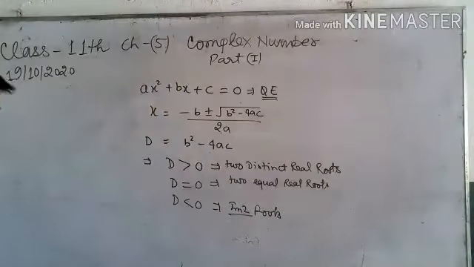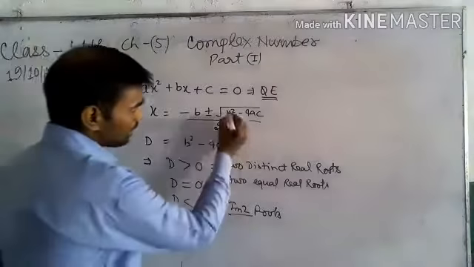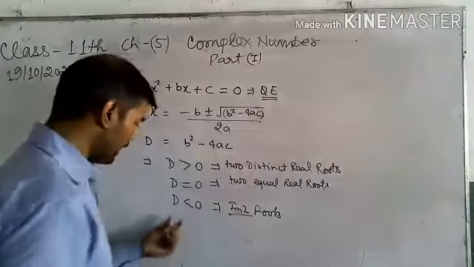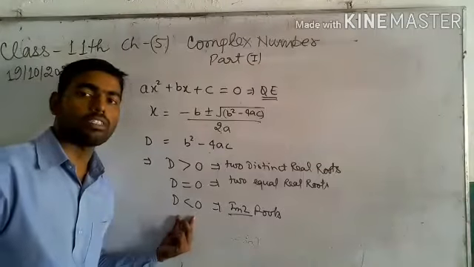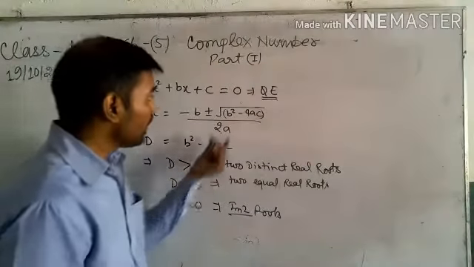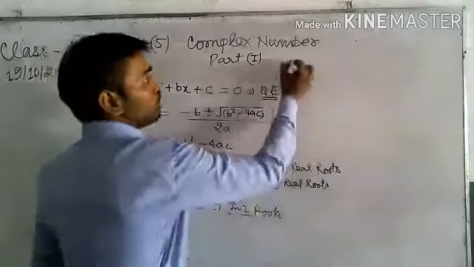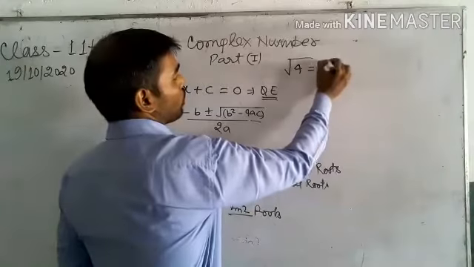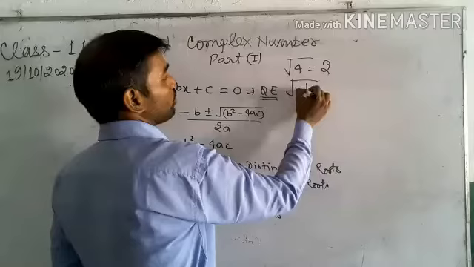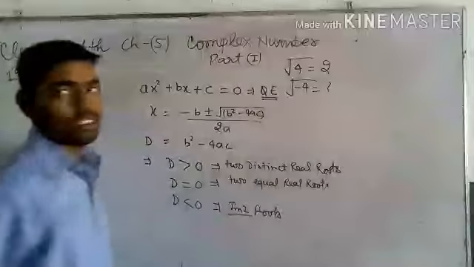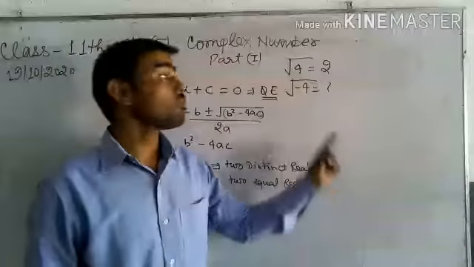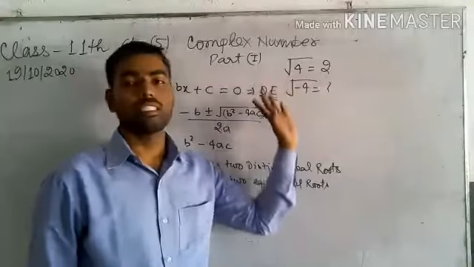Here you can see easily that when this part is negative, it means d is less than 0. What is the meaning of this statement? It means this part is in the negative part. What is the value of this? We will discuss the value of this in this chapter.